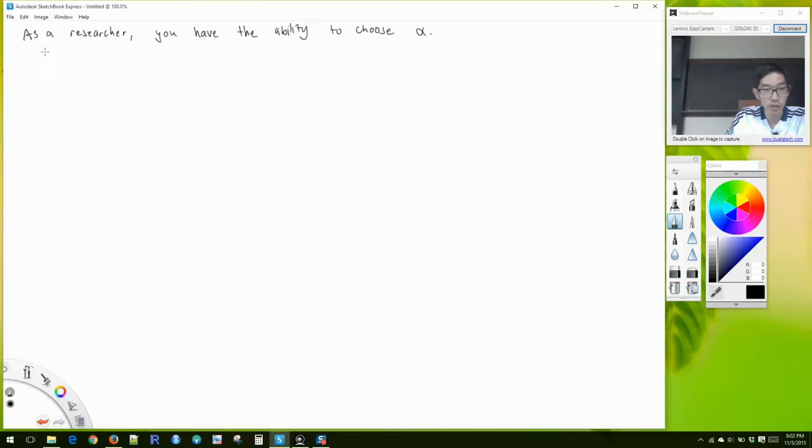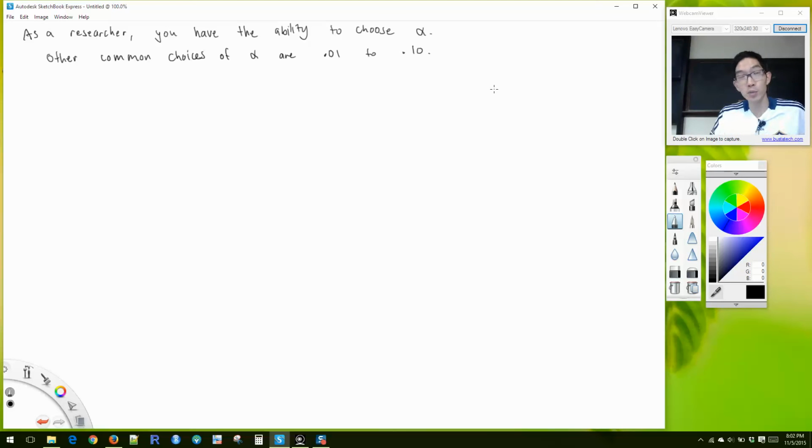And so other common choices of alpha are 0.01 to 0.10. Anything in between generally is considered acceptable. But your choice of alpha will affect the possibility of making an error.